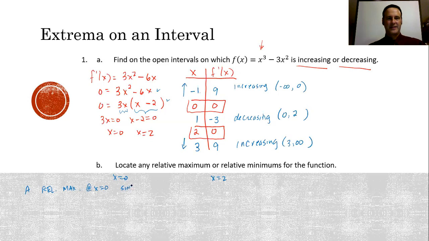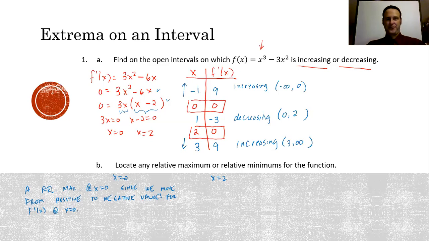Since we move from positive to negative values for f prime of x at x equals 0.